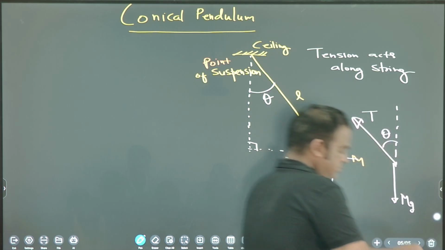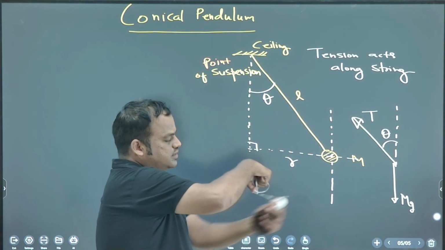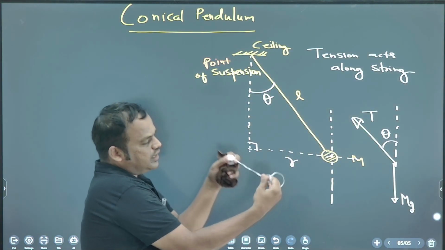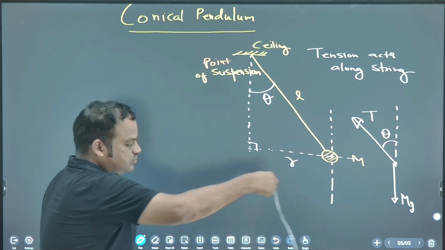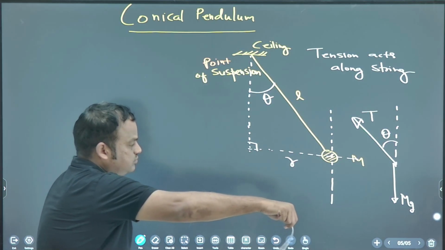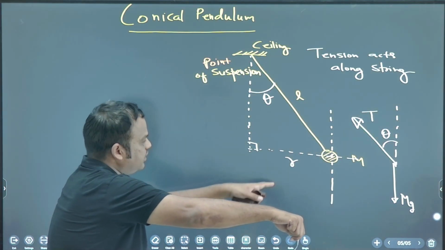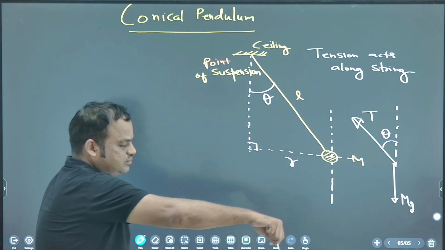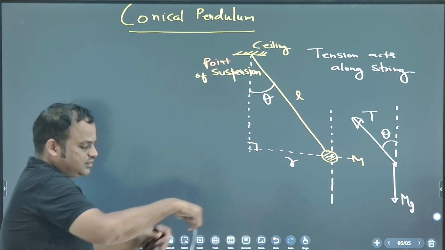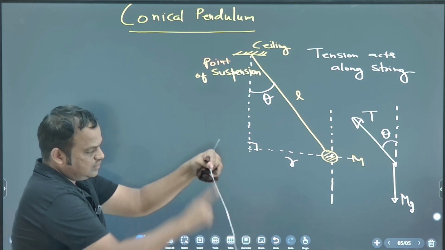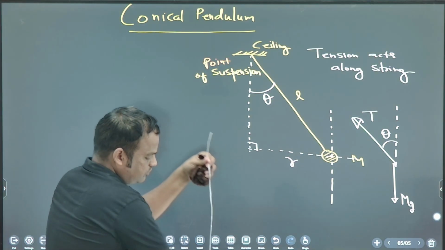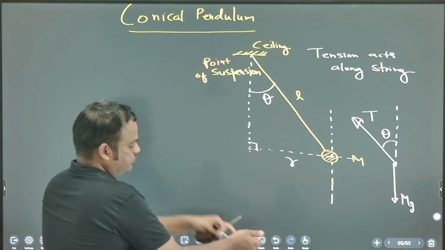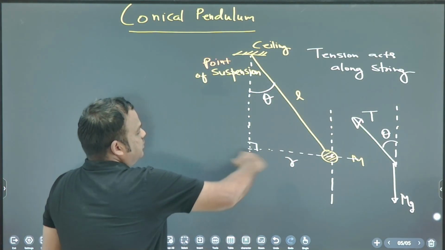L. When it is rotating like this, the length of the string is L. Okay, but now it is a conical pendulum. Now what is the radius? This is R. Okay, R and L same or different? Different. This is L. And this is R, horizontal. This is R.